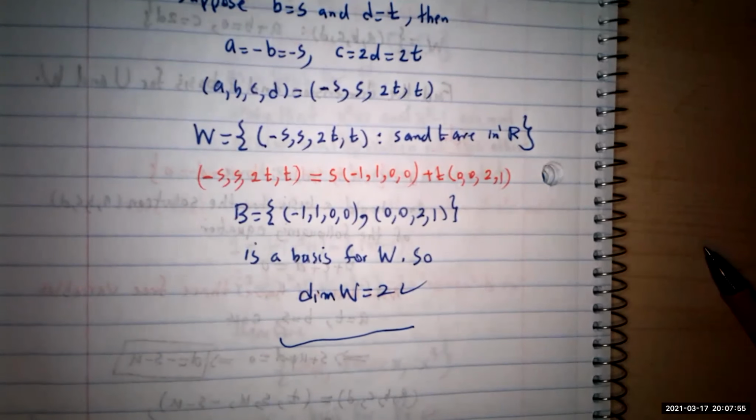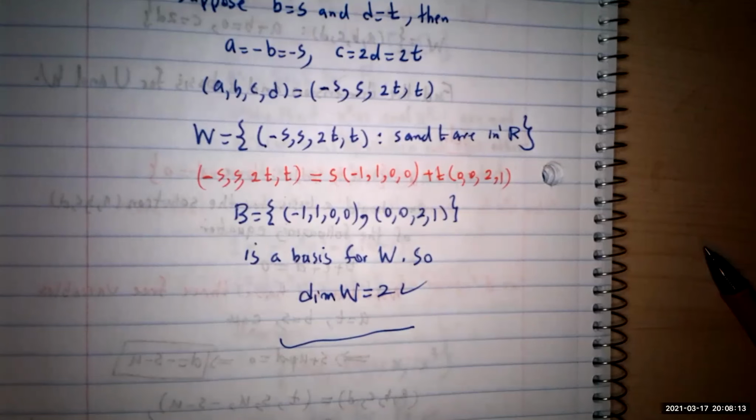We get quite a lot of these type of problems in your next practice, in your test, and in your book. So that gives you the idea of these subspaces.